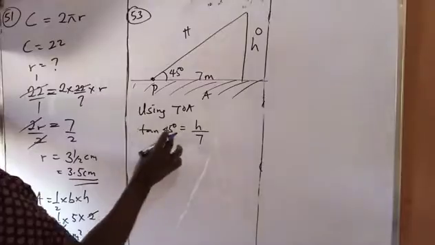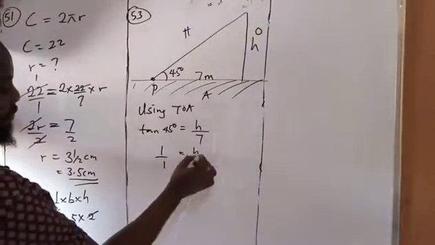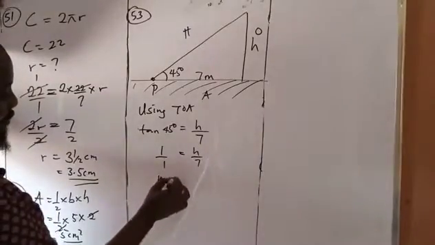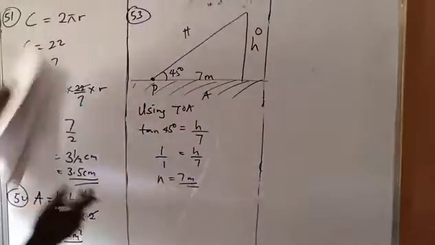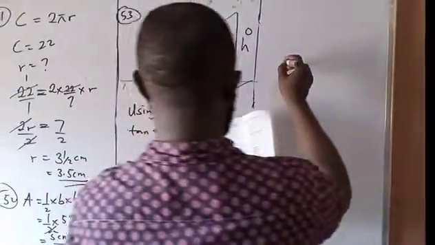And tan 45 degrees is 1. So 1 equals h over 7, so h is 7 meters. The height of the pole is 7 meters.